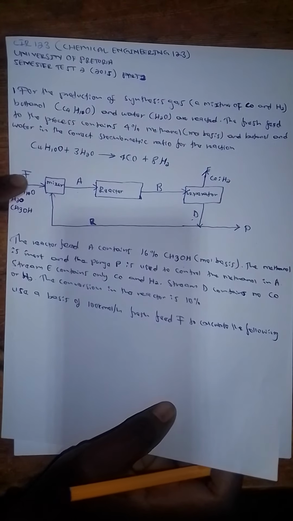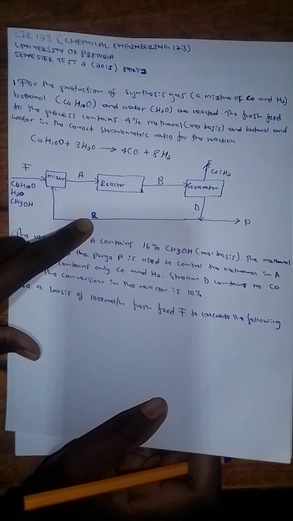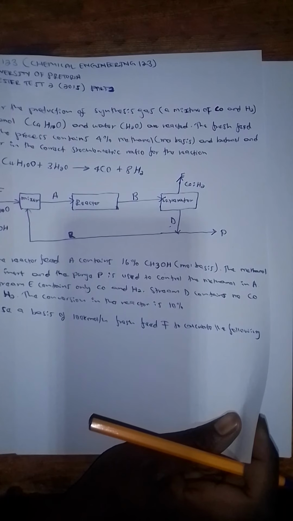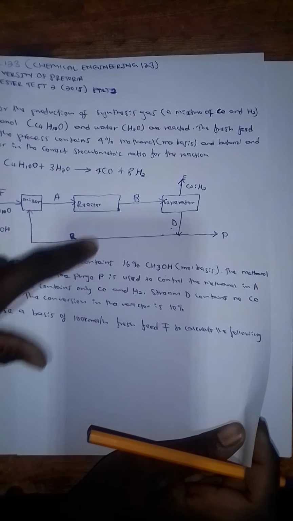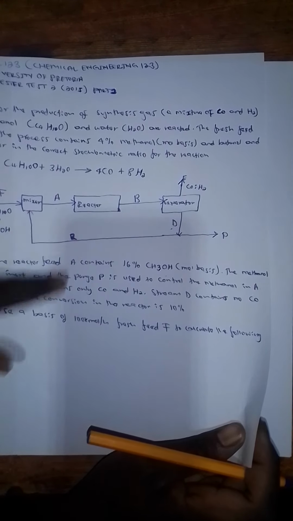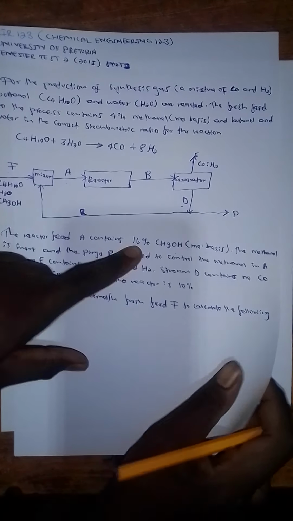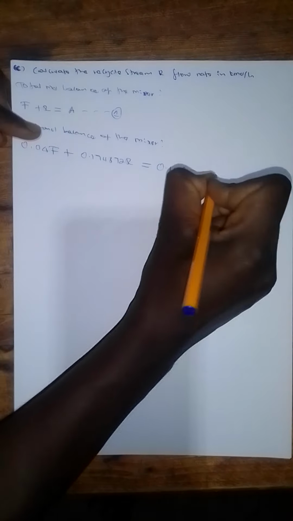There's 4% methanol in stream F, so we can say 0.04 F, plus, checking the methanol in R, according to our calculations there's 17.4672% methanol in R. You can check the first part of this question, where we calculated it. 17.4672% as a mole fraction is 0.174672, so this is 0.174672 R. This equals the amount of methanol in A. Going to the problem statement, stream A contains 16% methanol, so it equals 0.16 A. This becomes our second equation.